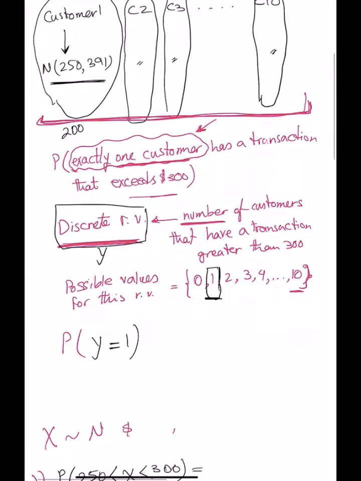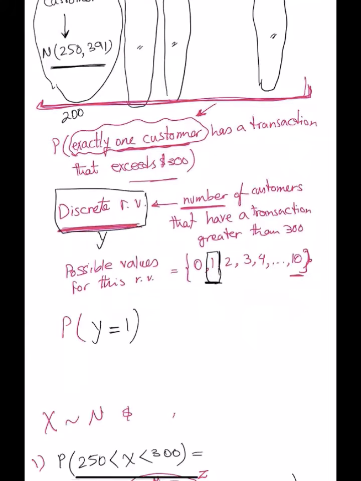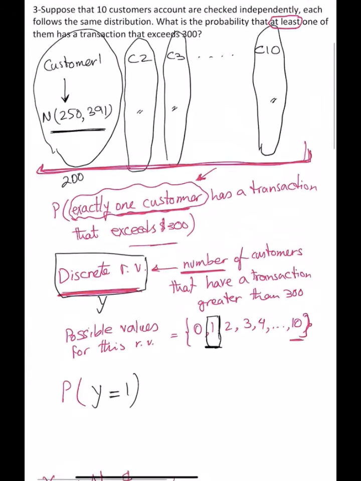So does this discrete random variable remind you of any discrete distribution we have learned so far? Look at the setup of the problem. Binomial. Perfect. It's binomial distribution. So what is the experiment?